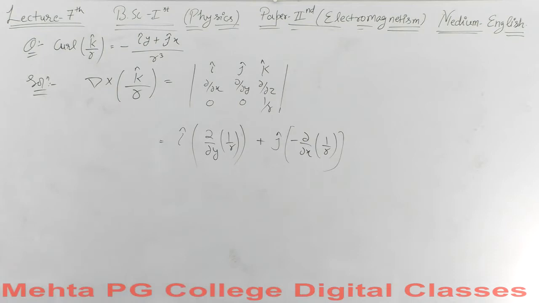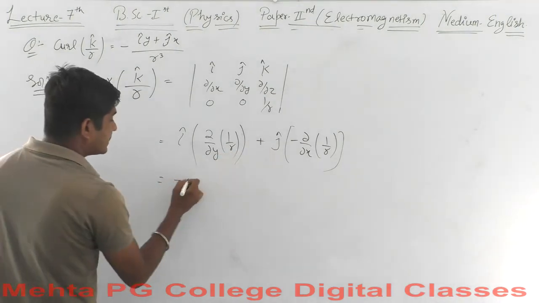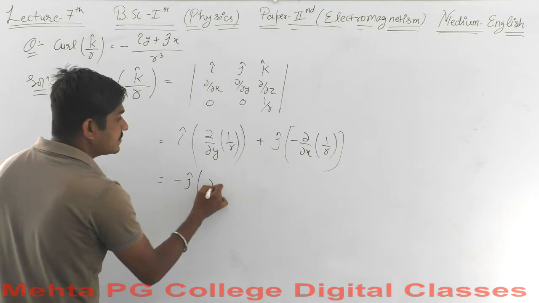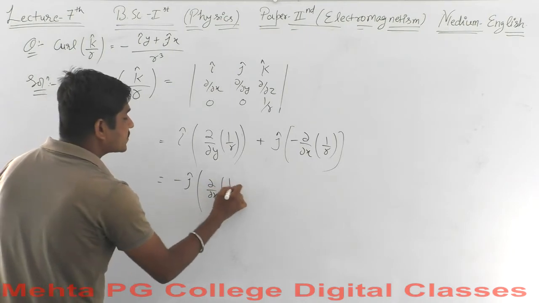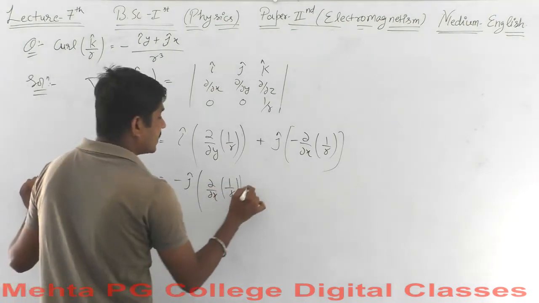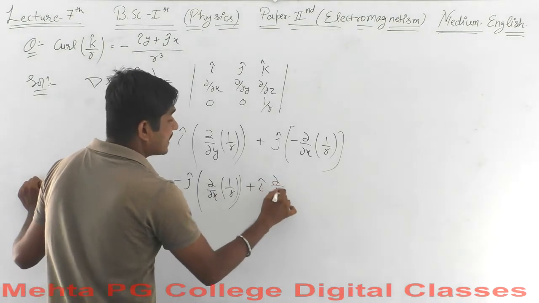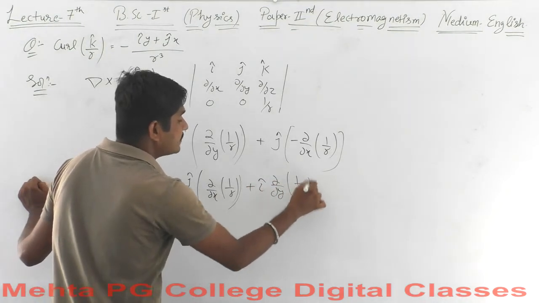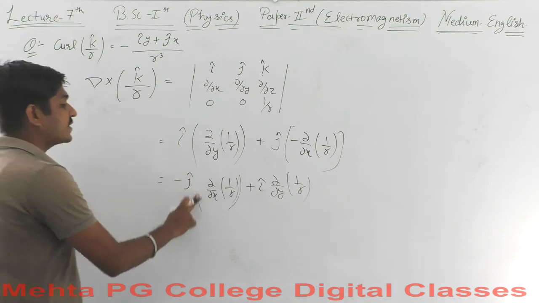What is the value of this derivative we will get? The values we get here will be minus j cap curly over curly x for 1 over r plus i cap curly over curly y for 1 over r. So this is what we are going to deal with.